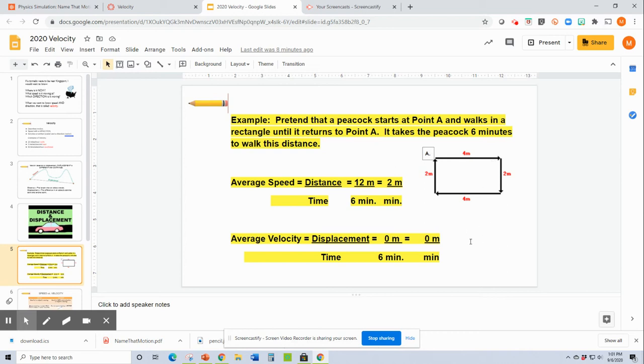But what if I want the average velocity? Well, now that's completely different, because look what happens. I want to use displacement. Now let's look right here.